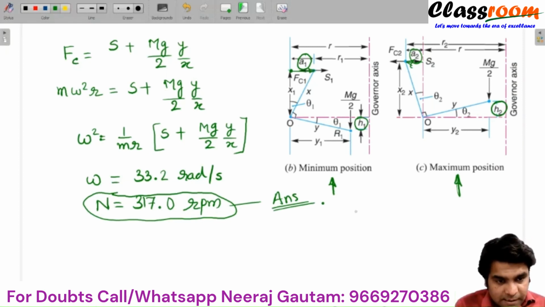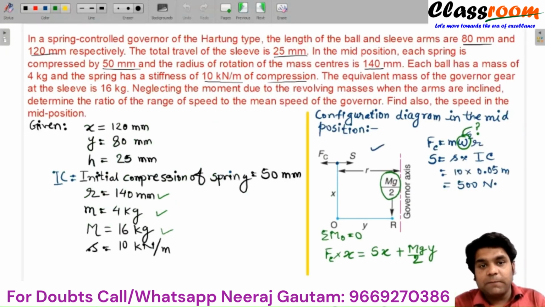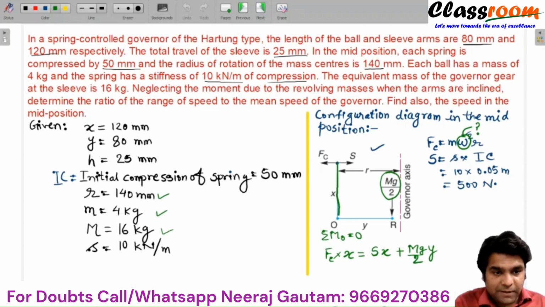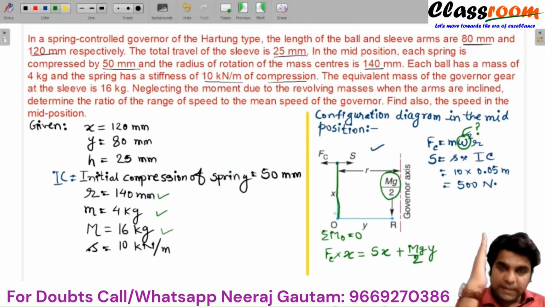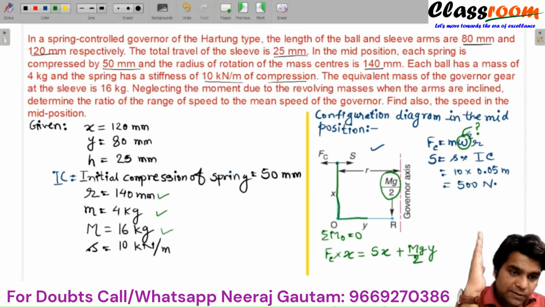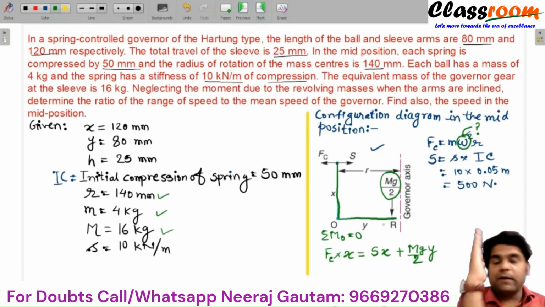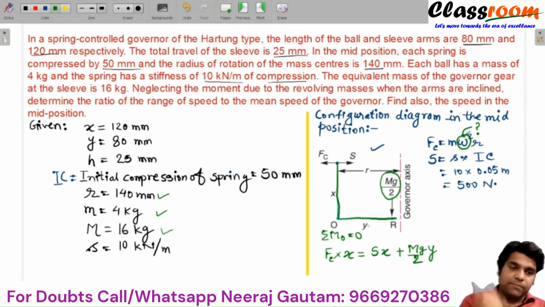Now what are H1 and H2? Since the sleeve will be in mid position, we assume the sleeve is in mid position in this configuration, for which the vertical arm is vertical, that is parallel to the governor axis, and the horizontal arm is perpendicular to the governor axis, that is horizontal simply.